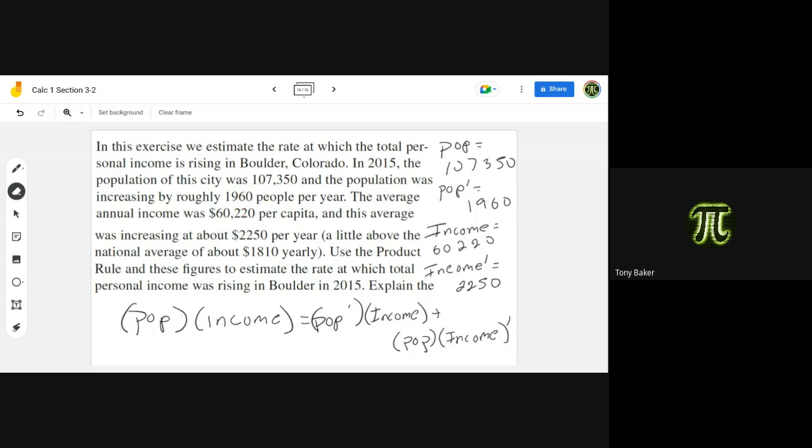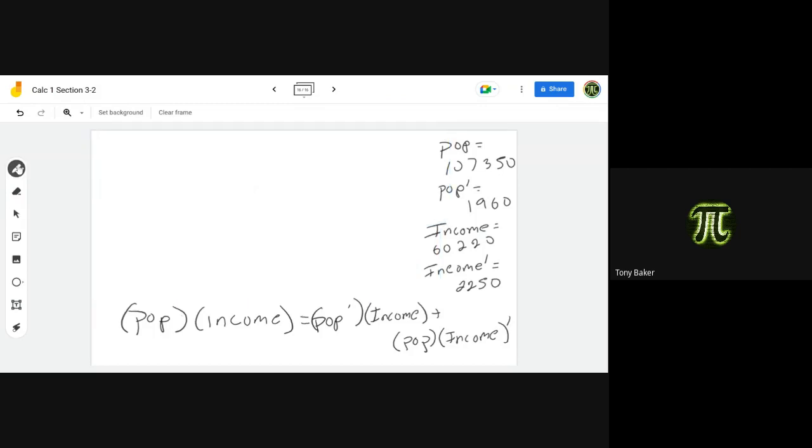Does everybody see where I got those four numbers from? Okay. So now I have those four numbers, correct? What's the change in population, or the derivative of the population? 1960. What's the income? What's the population?